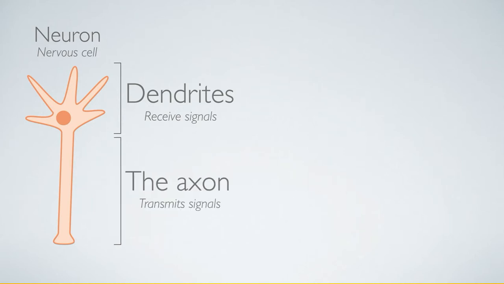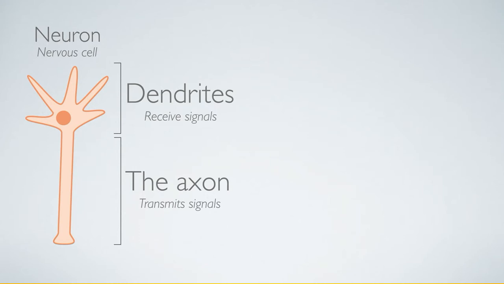And an axon can branch as well, but here we see it as just a single projection of the cell. And the axon functions to transmit signals. Okay, and it does it in some very interesting ways. And to understand these ways that it transmits signals, we want to focus on the membrane properties of the axon.